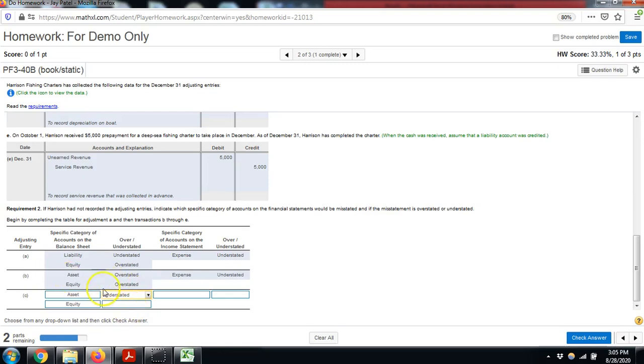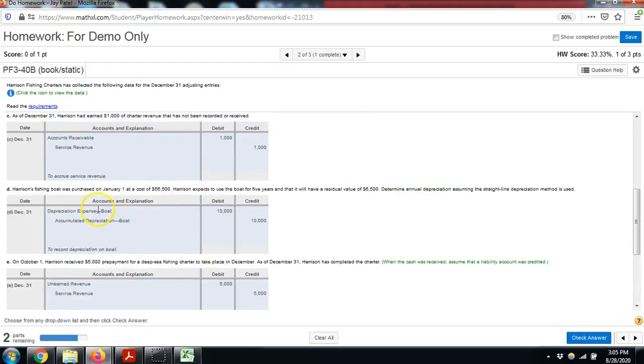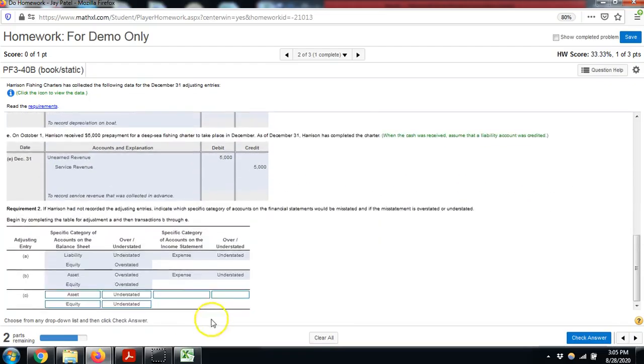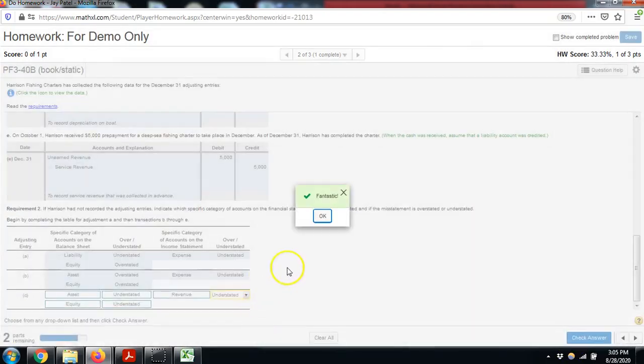And just like the previous one, if we're understating the assets, on the other side of the equation, the equity will also be understated. And so this one, though, if we see here, is affecting the revenue, not expense. This is revenue. And if we did not include it, our revenue would have been understated. Okay.